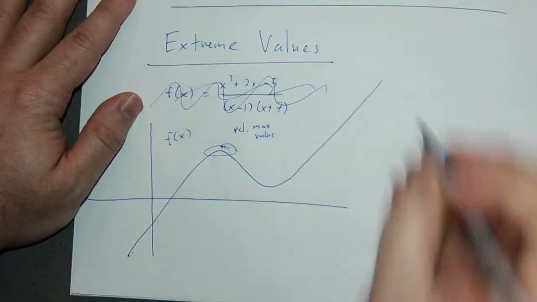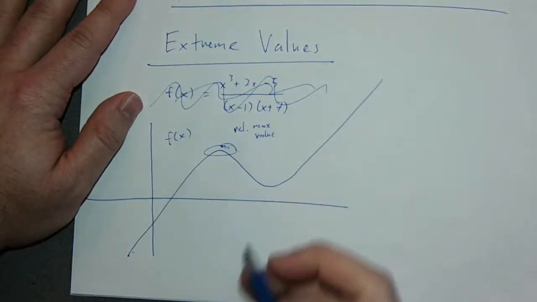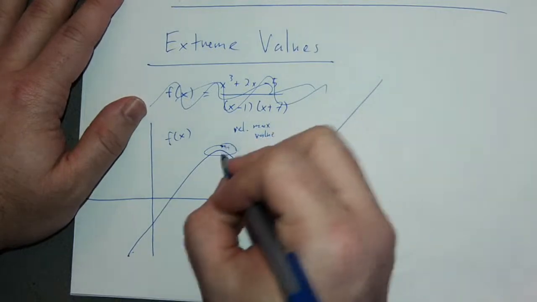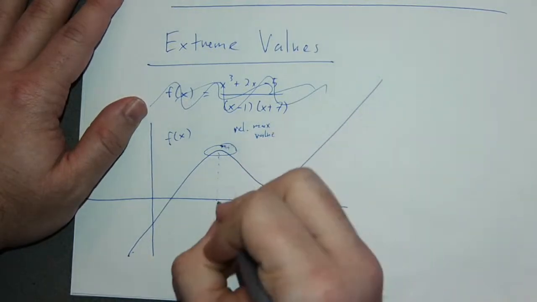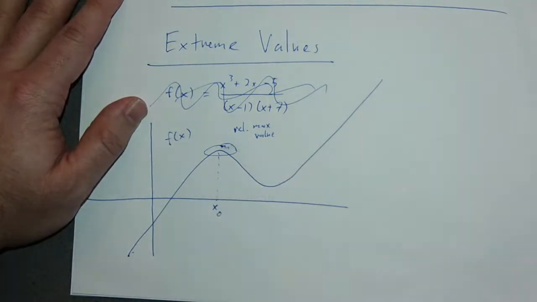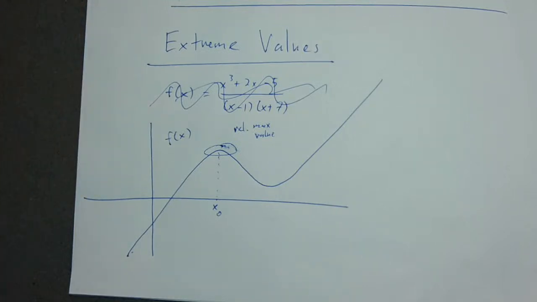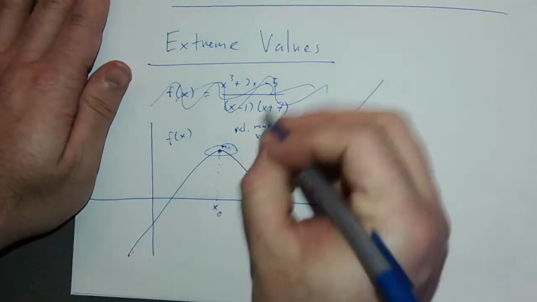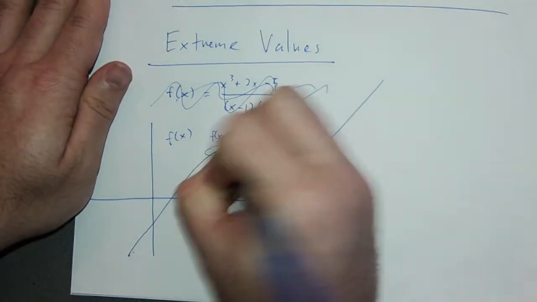So if this is my function f of x, this would be called the relative max value, and we might say that the relative max occurs at some, say, x naught. So the relative max happens at x naught. The relative max value is f of x naught.